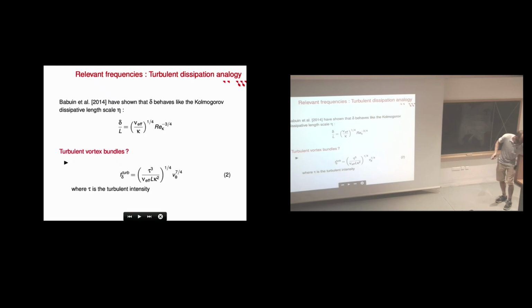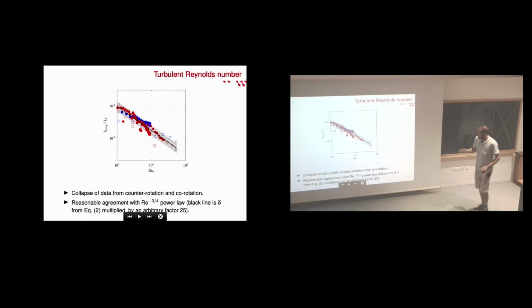So what do we obtain in the end? If we plot here not the frequency of the bump, but the obtained distance from the frequency of the bump as a function of the turbulence Reynolds number, then all the data collapse quite well onto a Reynolds to the minus 3/4 law.